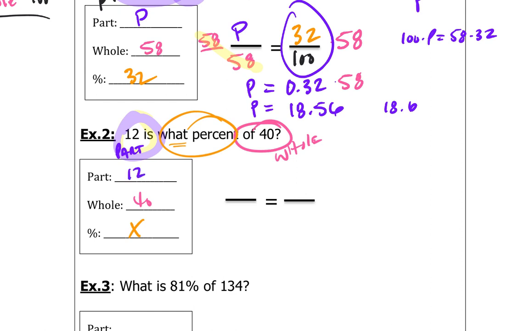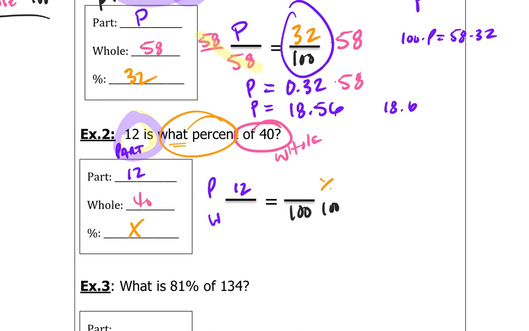So now we go back to the fact that we always put part over whole. This is part over whole equals percent over 100. So we just put the 100 there. We know our part is 12, so we put that here.